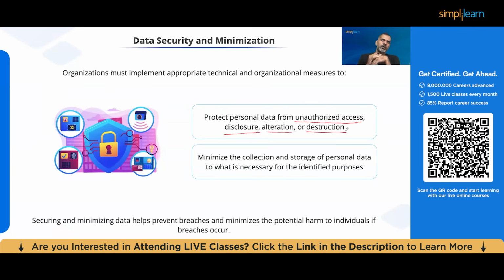Sometimes hackers can simply run a delete command. If they are not able to access the data, they can delete it and destroy it. That should also not be possible. So you have to implement sufficient safeguards that can protect personal data from unauthorized access or any kind of deletion.